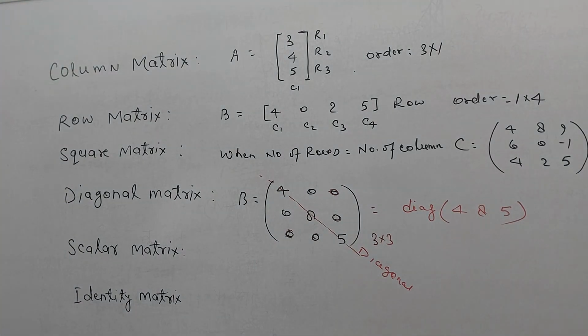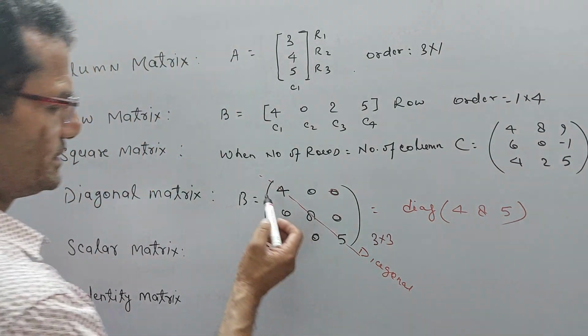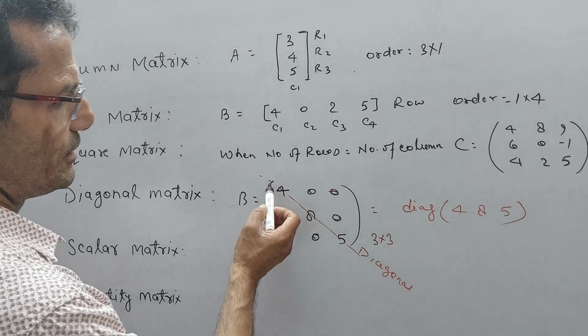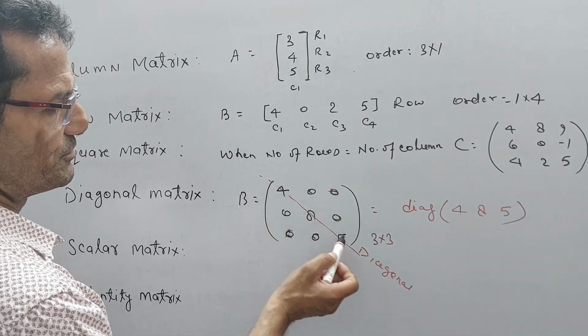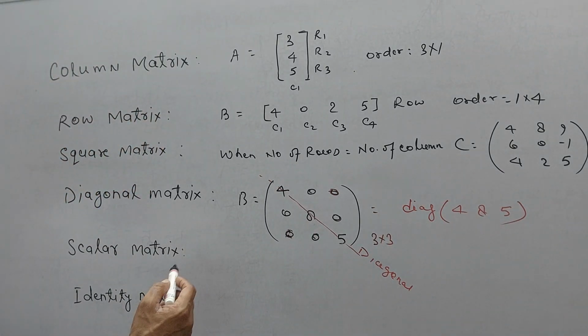Now in a square matrix, if all the entries of the diagonal are the same, it is called a scalar matrix. So if I write in this diagonal matrix all the elements, suppose 4, 4, 4, it becomes a scalar matrix.